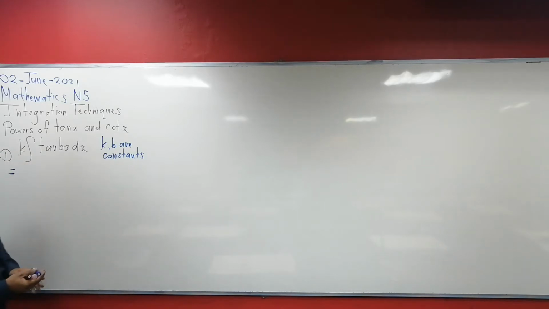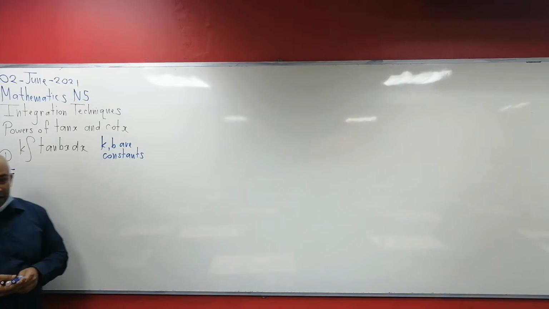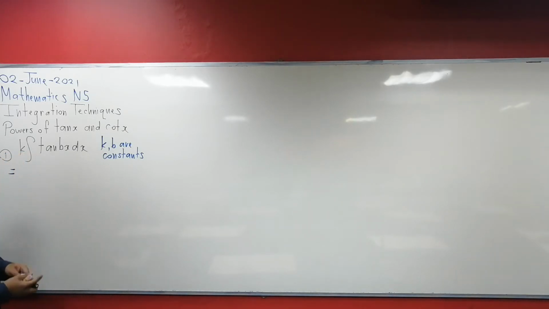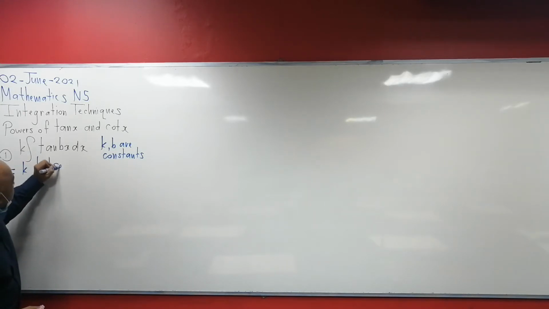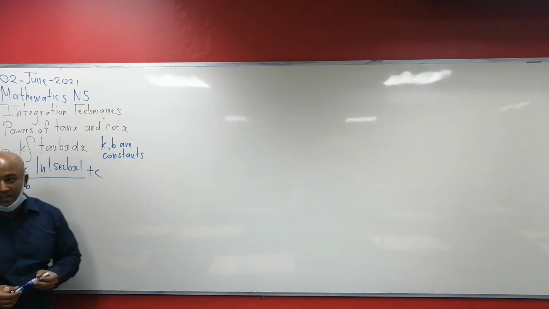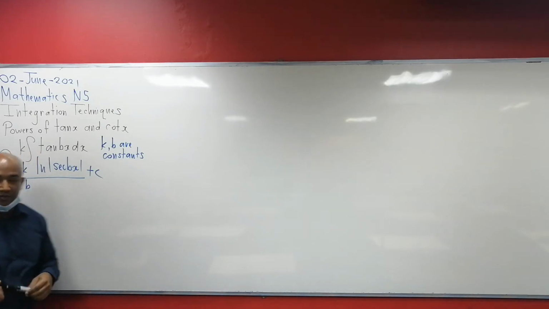So this applies basically only if k is a number and b is a number too. When you integrate tan, you're going to get k ln absolute value of sec bx, all divided by b, plus c. That is a standard integral for tan.